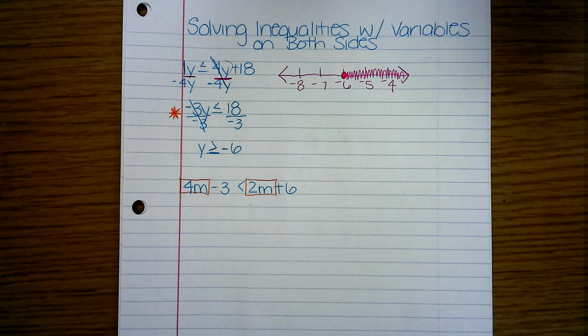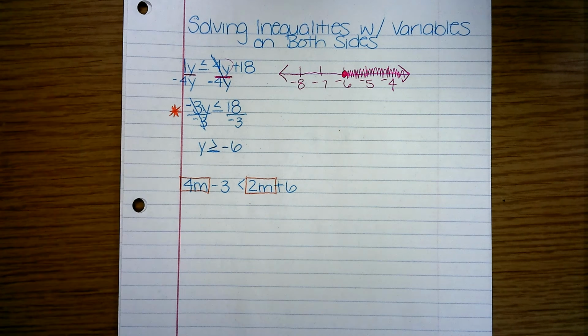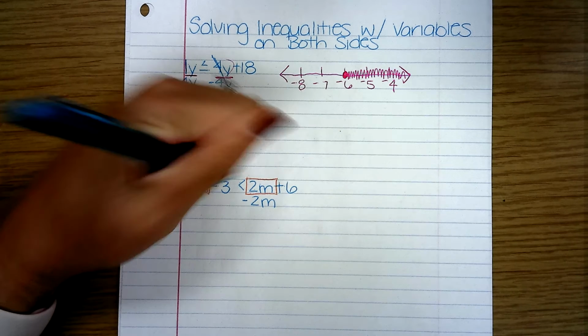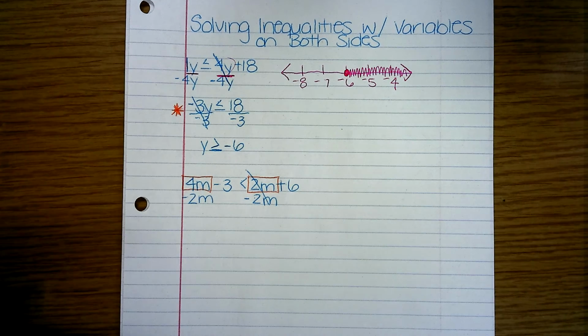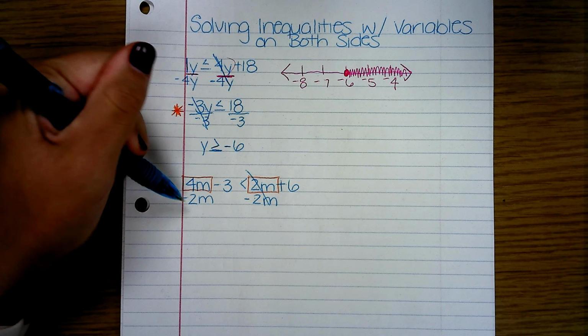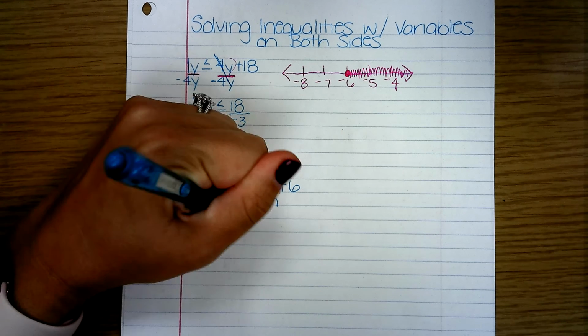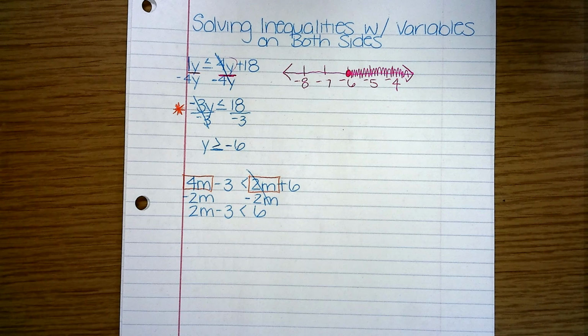Since I want them to end up on the left, I'm going to move this 2m to the other side. Since it's a positive 2m to begin with, I'm going to subtract it from both sides. That will cancel over there. 4m minus 2m gives me a positive 2m, and then I bring down that minus 3 is less than 6.